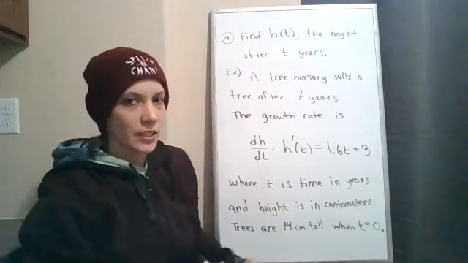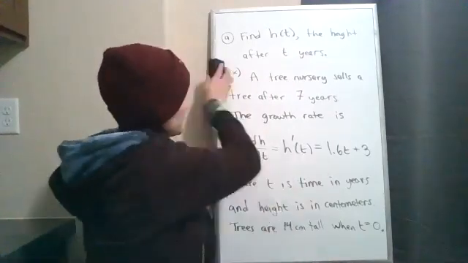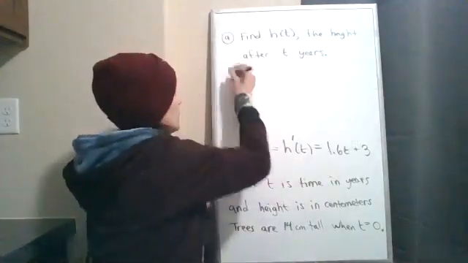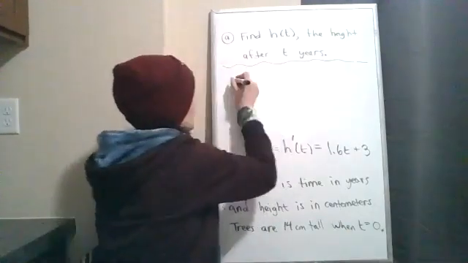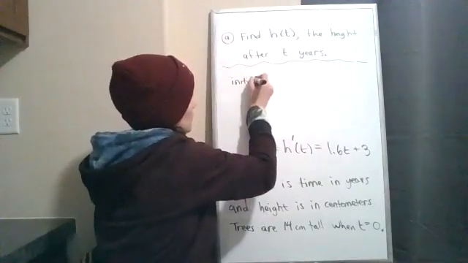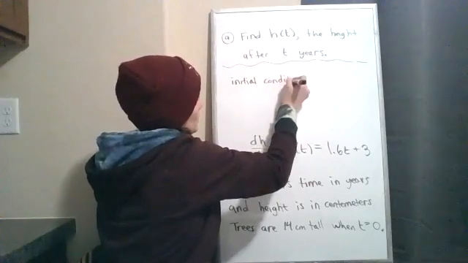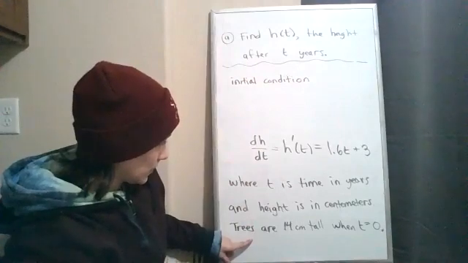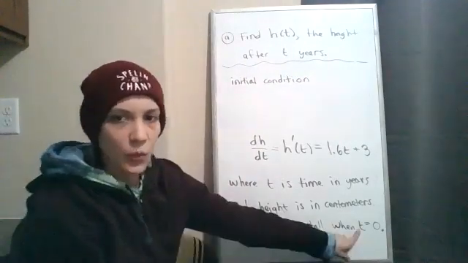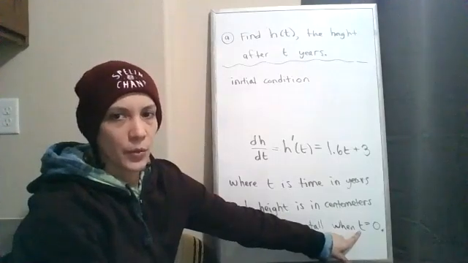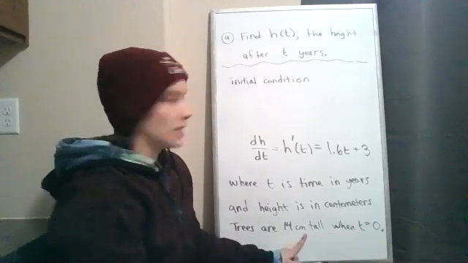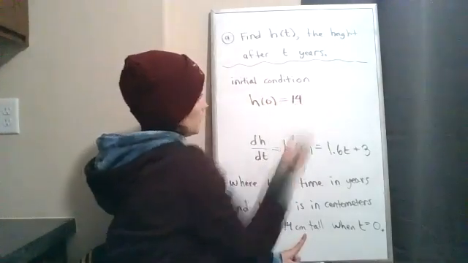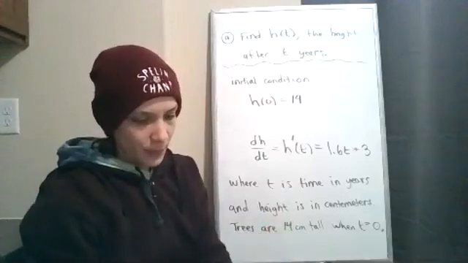So we'll write the initial condition down. The trees are 14 centimeters tall when they're planted, or when t equals 0. So h of 0 will equal 14. It's the initial height.